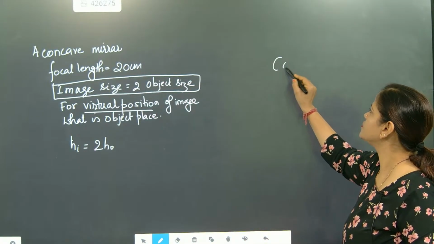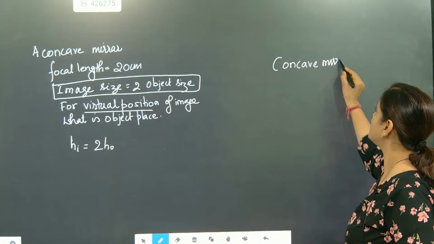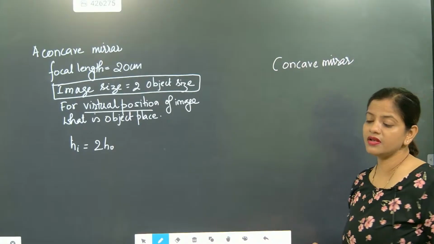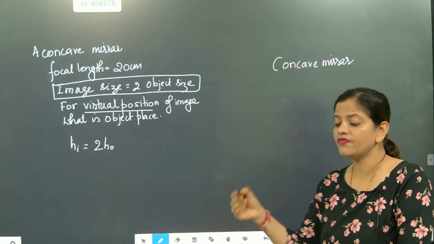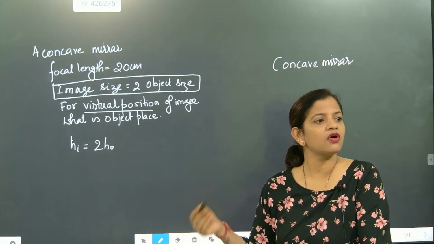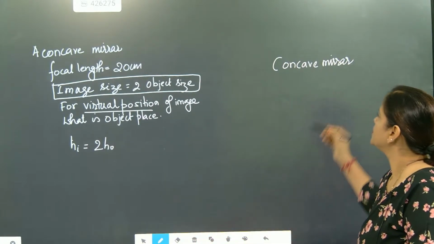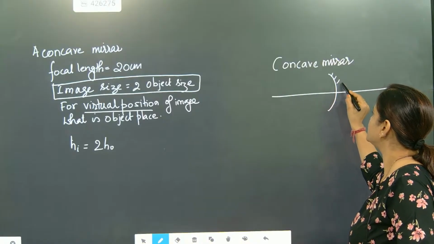The shortest information: a mirror is going to be either concave or convex. Concave mirror is converging, convex mirror is diverging. This is exactly the position of a concave mirror and it is converging.